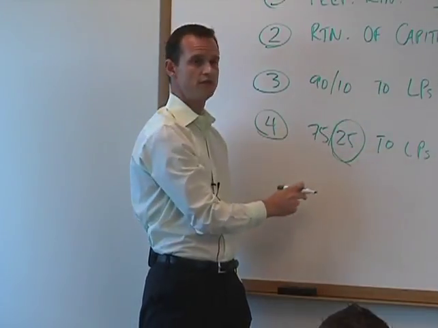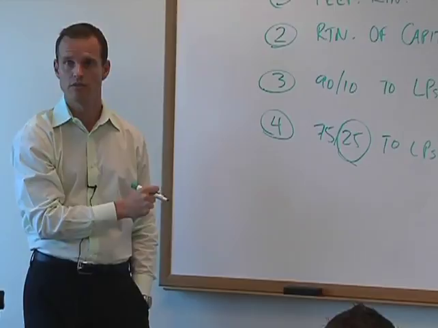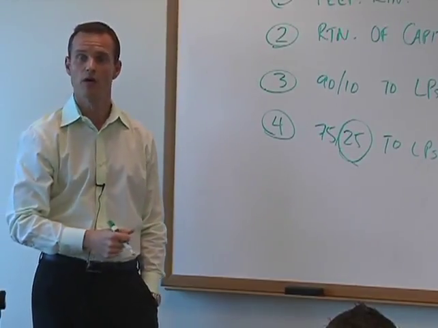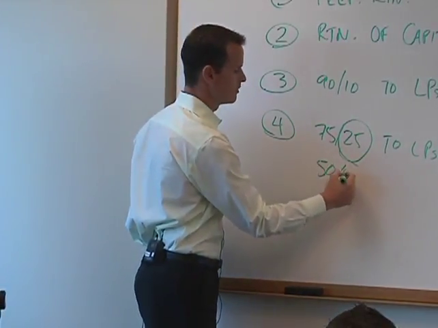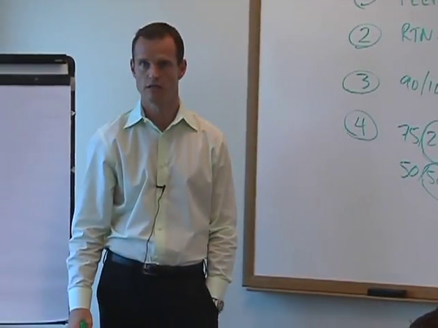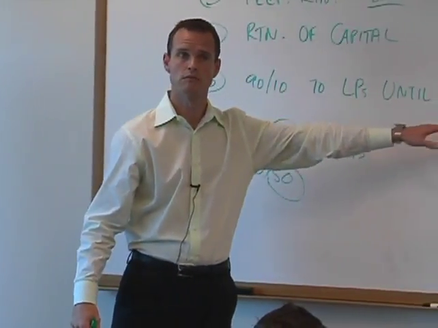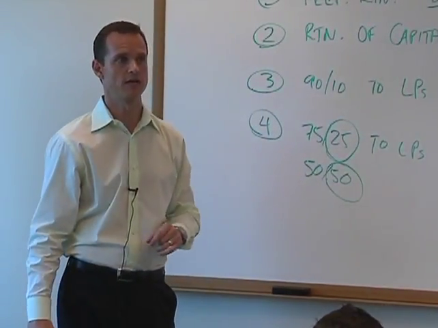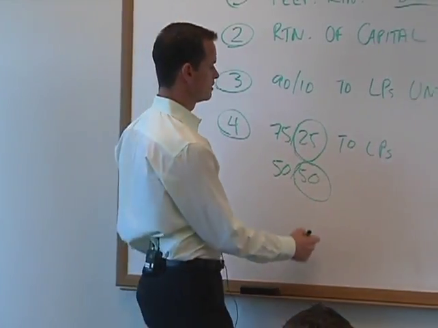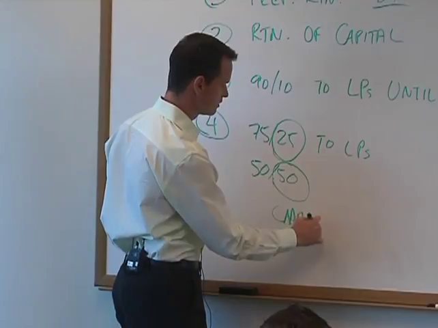Once we get over that 15% hurdle, now we can get 25% of the remaining cash, even though we only put up 10% of the money. Or maybe it's a really generous waterfall where it goes 50-50. We put up 10%, but once we achieve our hurdle, we can start taking 50% after that. So these items that I've circled are what we would call the carried interest.